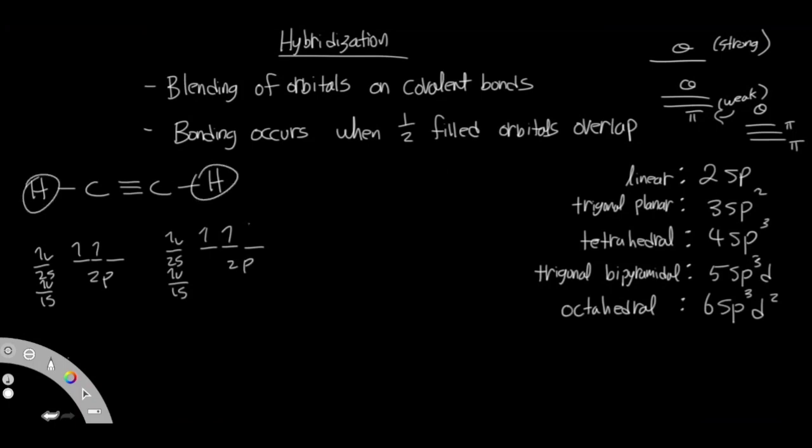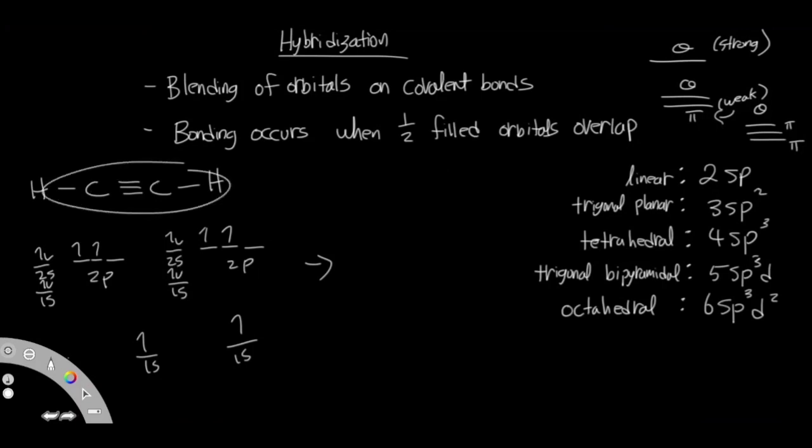And we have two hydrogens. Let's figure out what's going to happen next. This is a linear shape because all of this is just one segment. All of this is one segment. So this would be a linear shape.